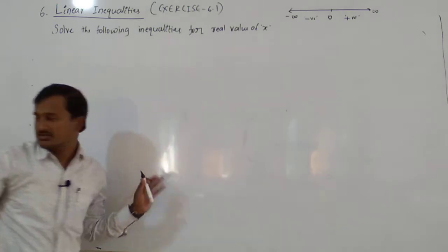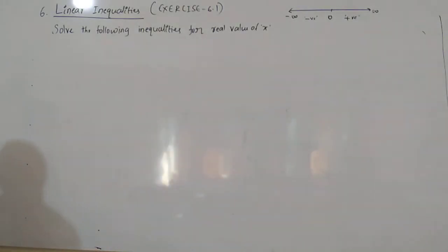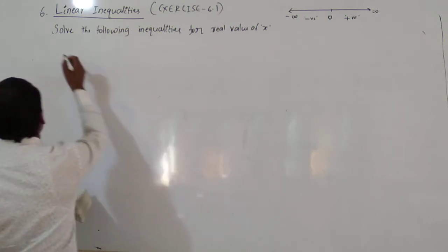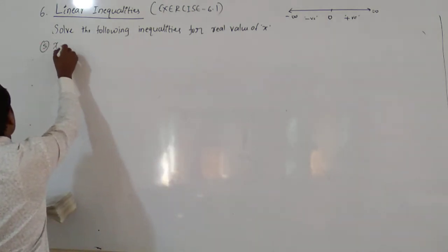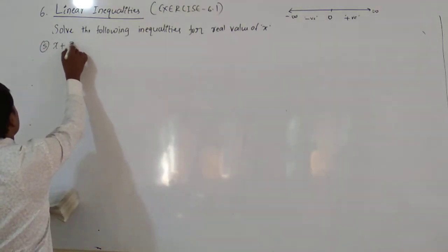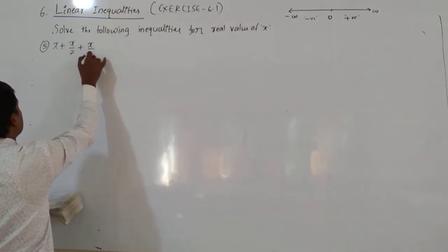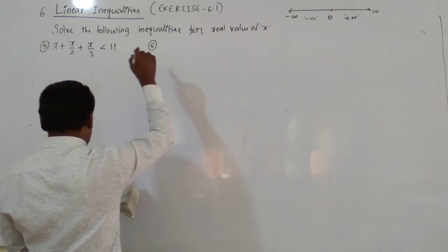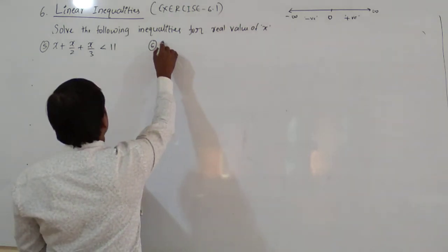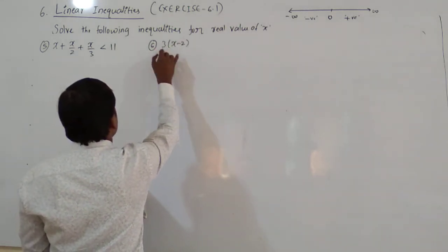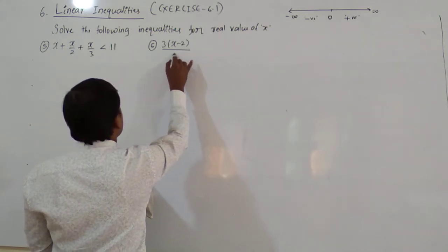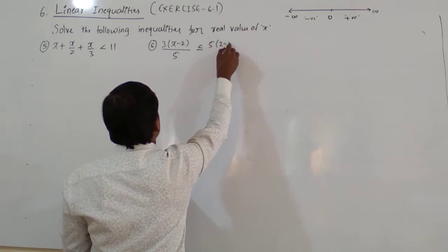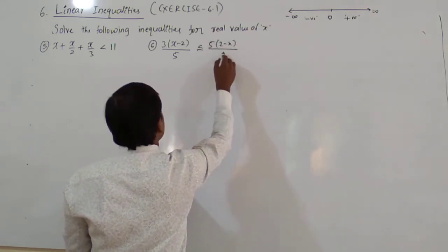Now the next. So the fifth one, x plus x by 2 plus x by 3 which is less than 11. Sixth one, that is 3 into x minus 2 divided by 5 which is less than or equal to 5 into 2 minus x divided by 3.